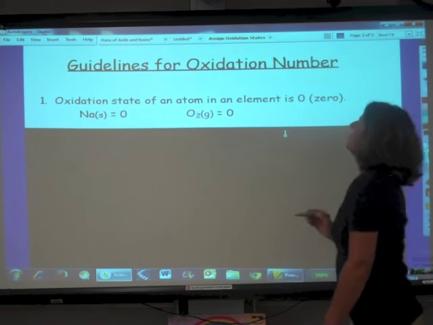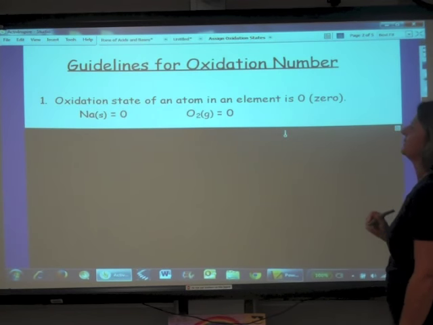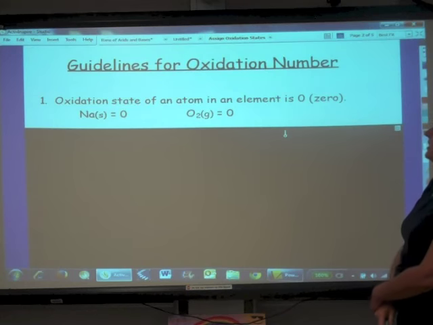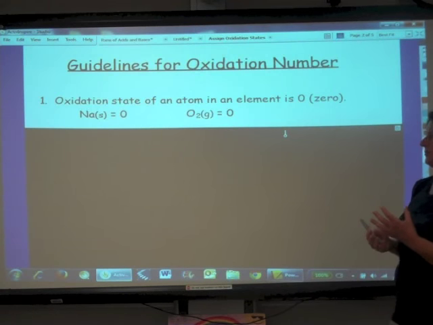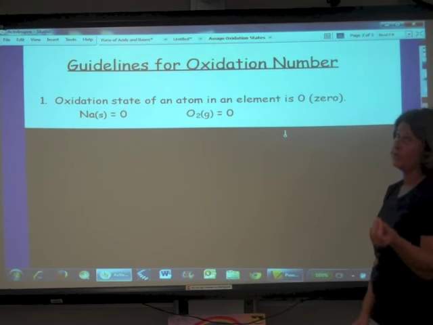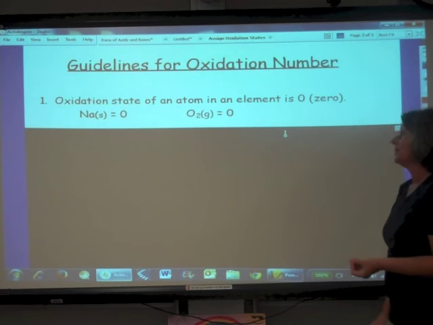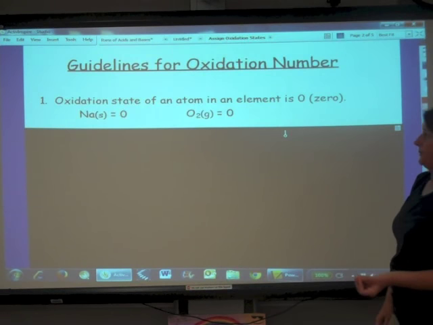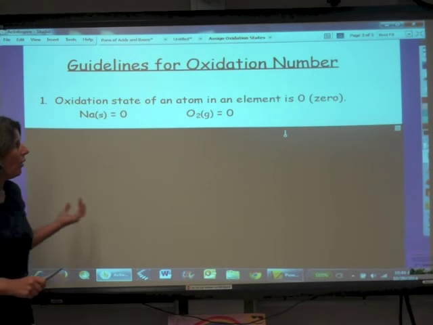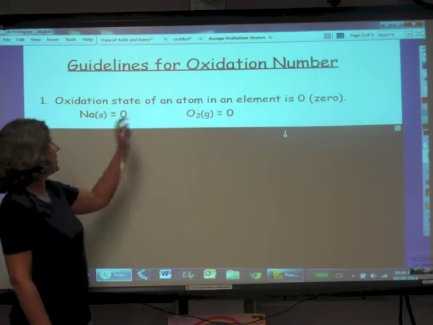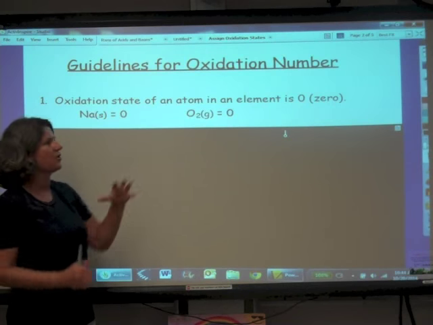Okay, so the first thing to keep in mind is that the oxidation state of an atom in an element is always 0. Meaning, if it is elemental, for instance, a piece of sodium metal, right, so this says sodium solid, so that's a piece of sodium metal, or oxygen gas, okay, these are elements that are on their own.